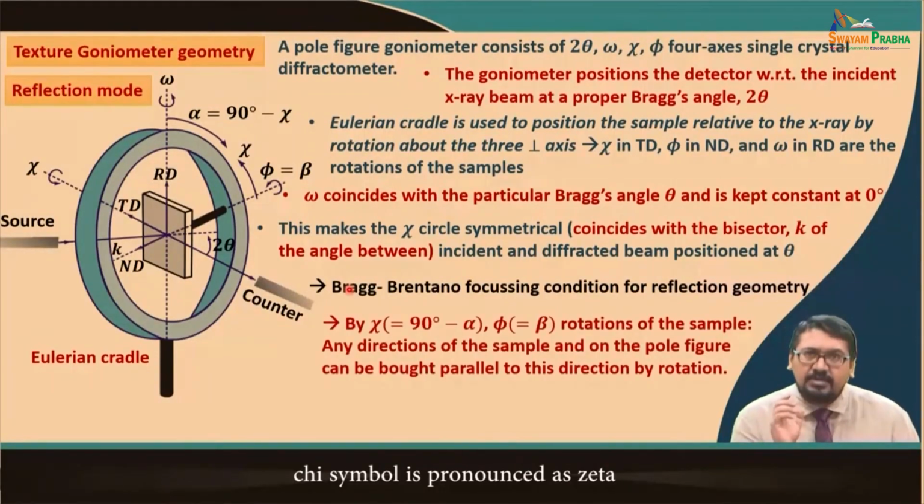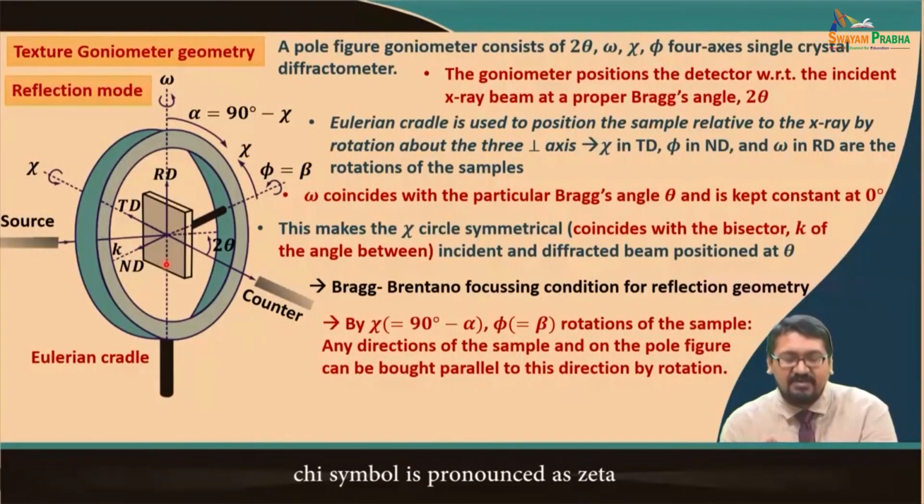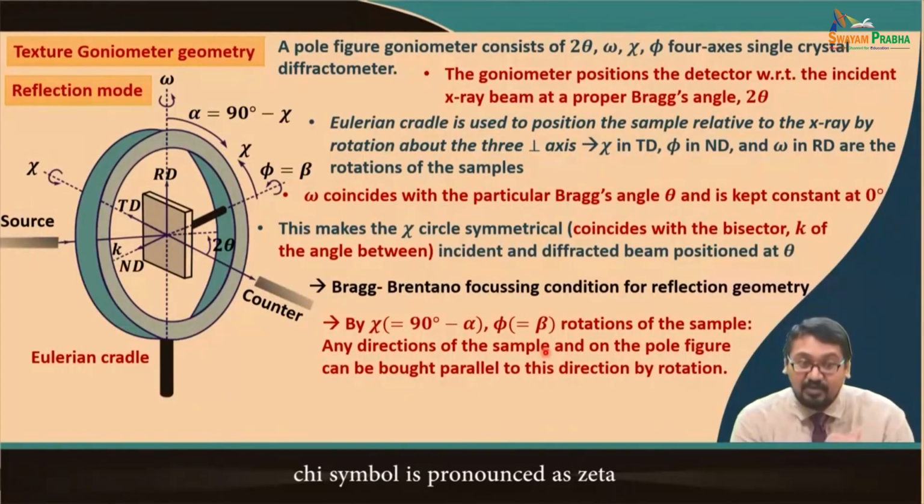So, zeta rotation along TD and phi rotation along ND are done simultaneously, so as to scan the whole alpha beta, because zeta is 90 degree minus alpha and phi is basically beta, and so any direction or any plane of the sample can be brought perpendicular to the K, which is basically the bisector of the incident and the diffracted beam, that is, it can be brought into the Bragg-Brentano focusing condition.